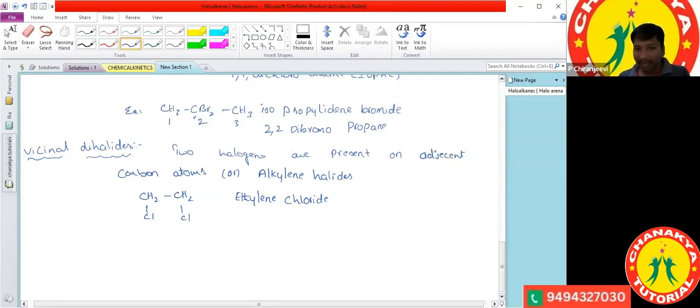What is the alkylene part? The alkylene contains two carbon atoms, that's why we wrote ethylene. And what is the halogen? It is chloride. Okay, ethylene chloride here.